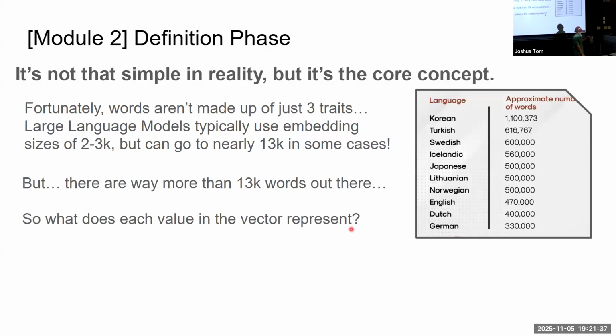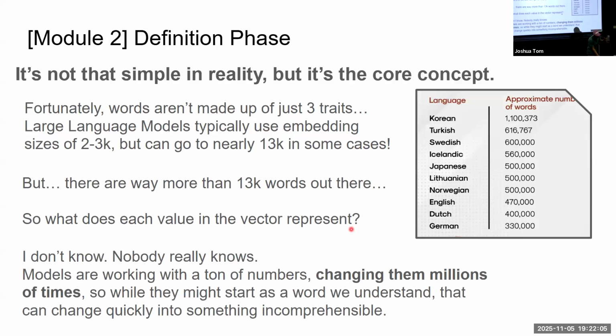But wait, if there are 13,000 numbers in a vector that's supposed to describe a word, but there are so many more words out there that are adjectives or descriptions, how is a model able to have every idea tied in there? There's a level of abstraction that you need to understand for this specific topic of deep learning, where not everything is concrete on and off.